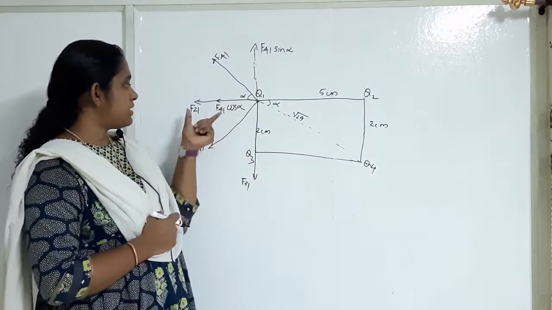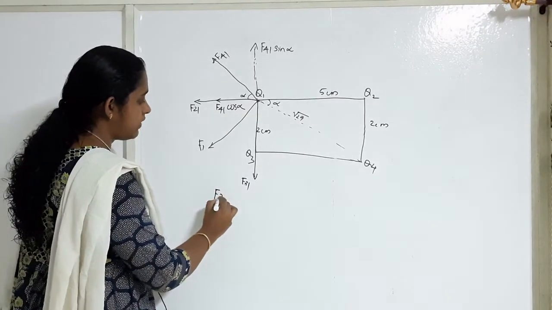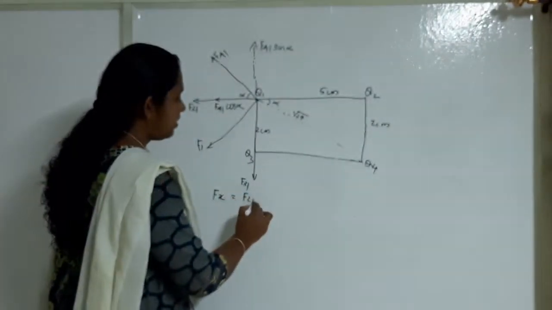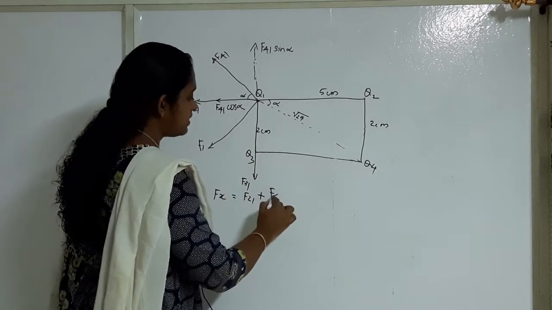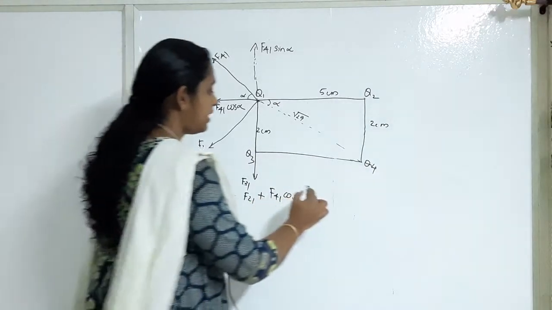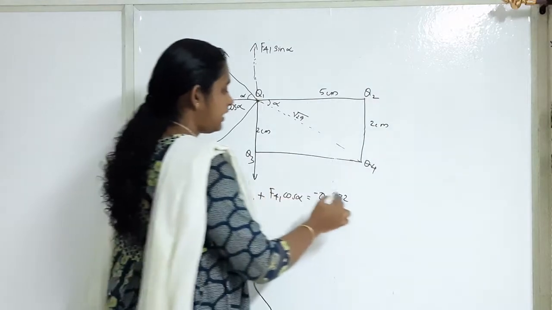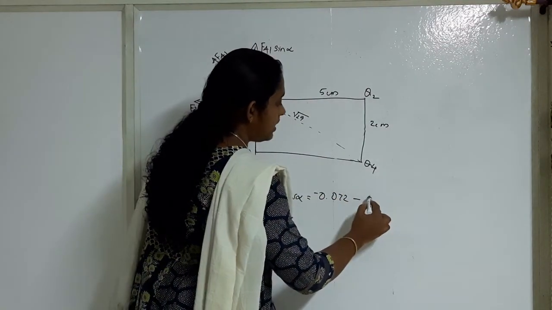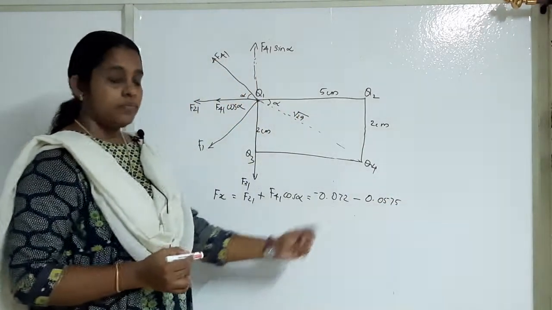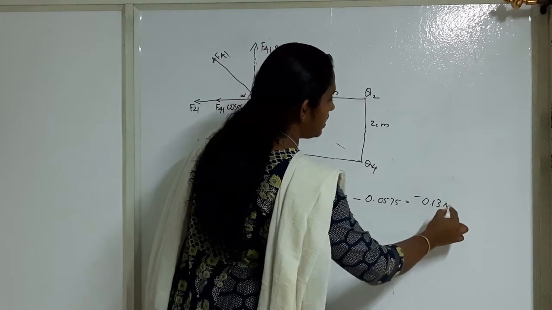So the x direction force is F21 and F41 cos alpha. We can write Fx as F21 plus F41 cos alpha. We know F21 is minus 0.072 because it is in the negative direction, and F41 cos alpha is also minus 0.0575 Newton. So this value becomes minus 0.13 Newton.